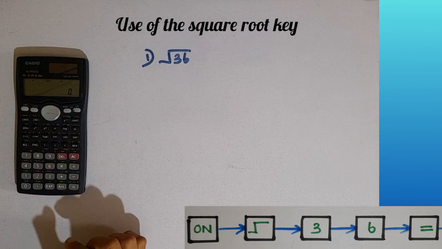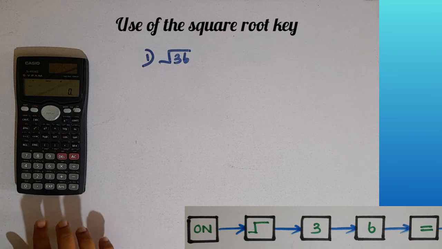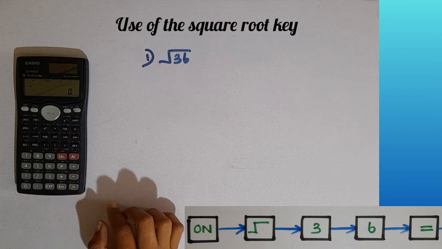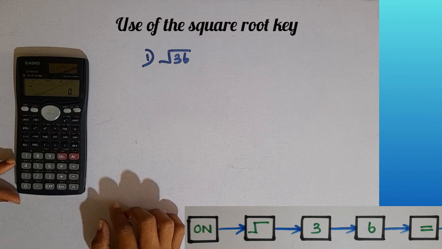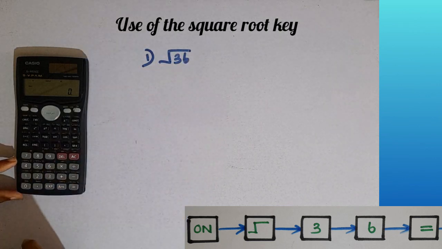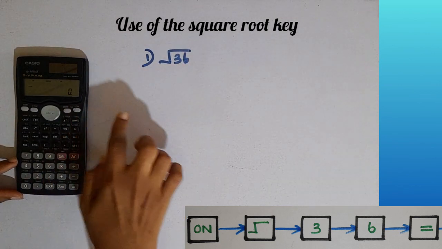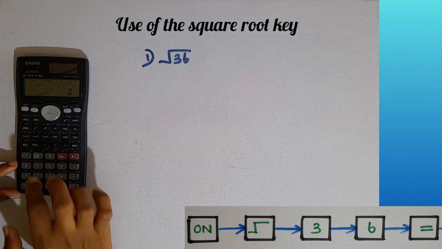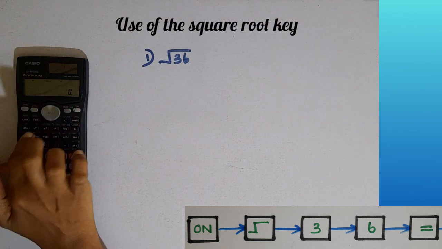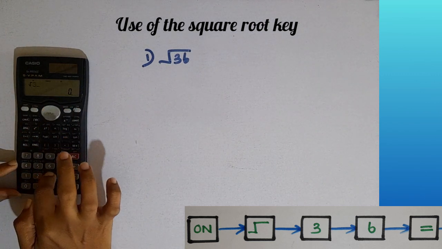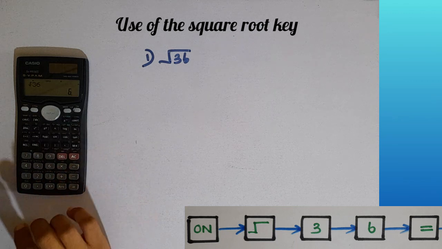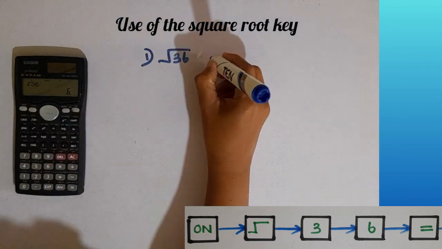When using the square root key, first we have to press the square root key before typing the number. First the on key, this is the flow chart. On key, then the square root key. Here this is the square root key. Square root of 36. Then the equal sign. Then the answer is 6.